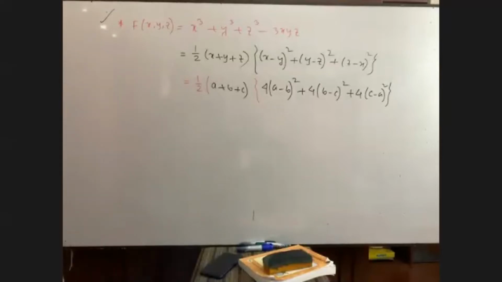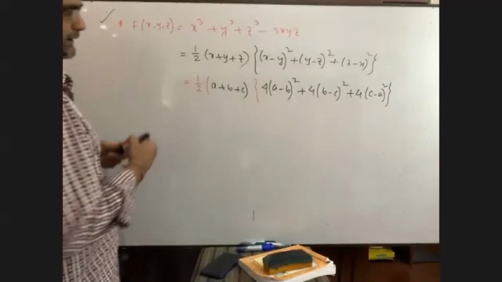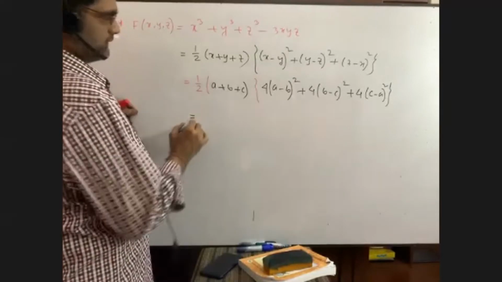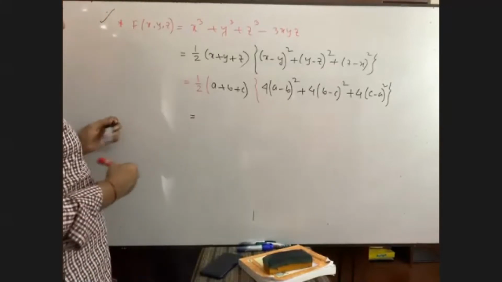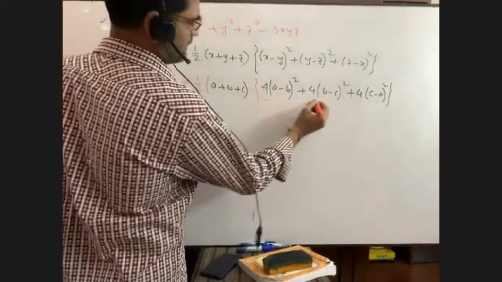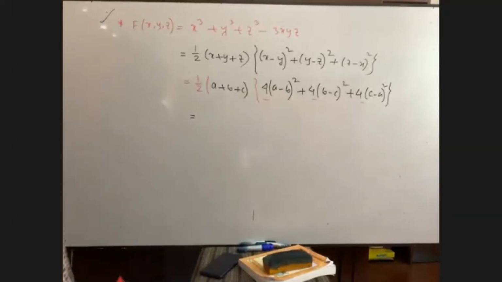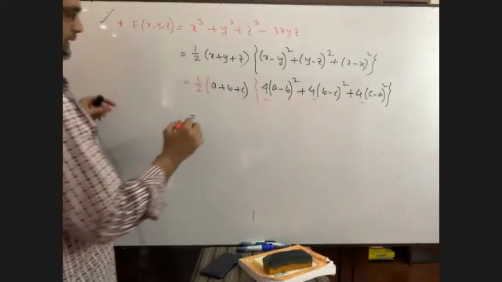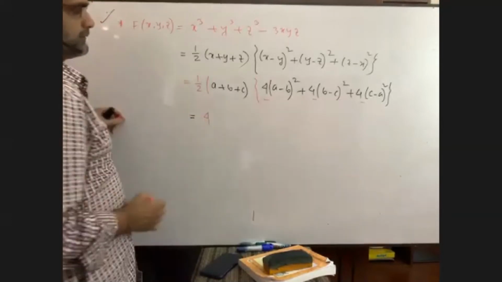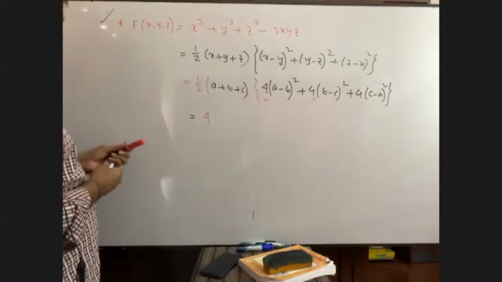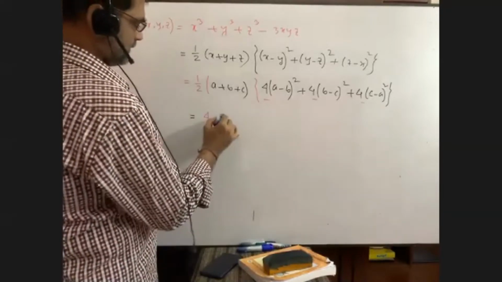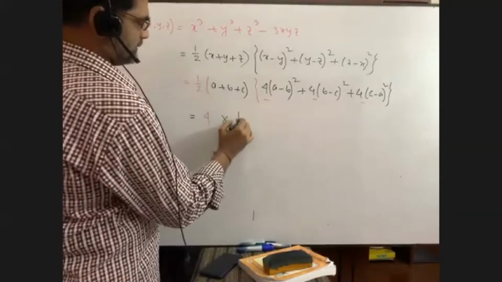Now you see, we are getting here, can we take this 4 common here? Yes, sir, we can. And that 4 can be written at first. Now we are left with half of a plus b plus c.